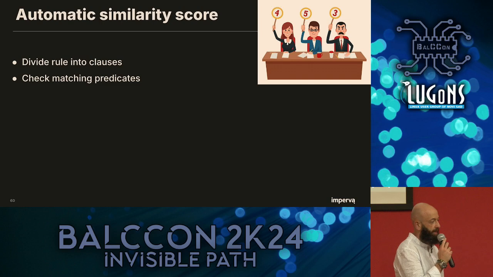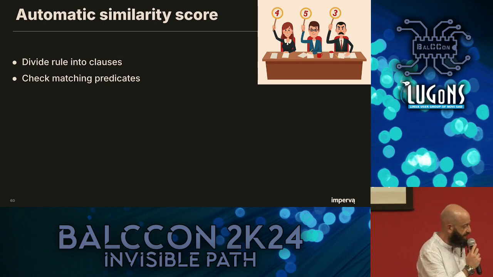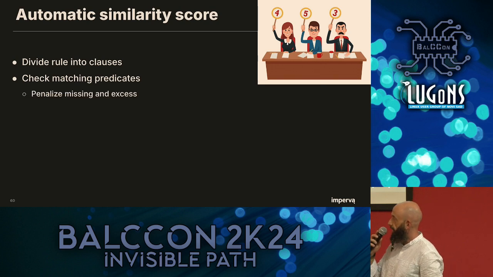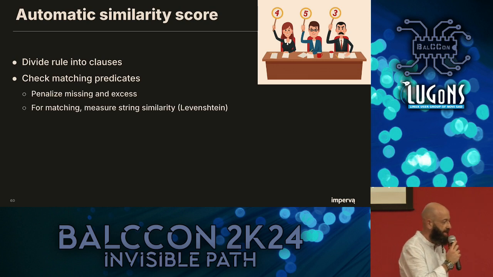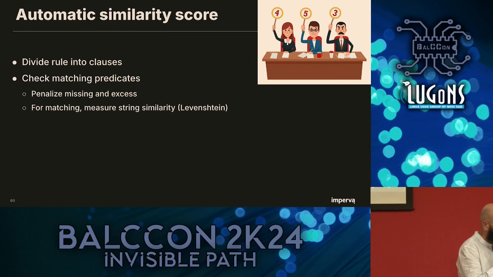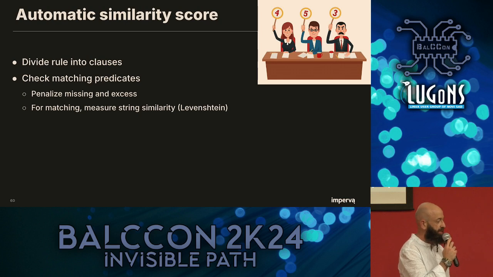To cope with that problem, we created an automatic similarity score. What it does is divide rules into clauses and check the predicates, penalizing for missing predicates and for excess predicates, and for all the matching ones, it measures string similarity between them.